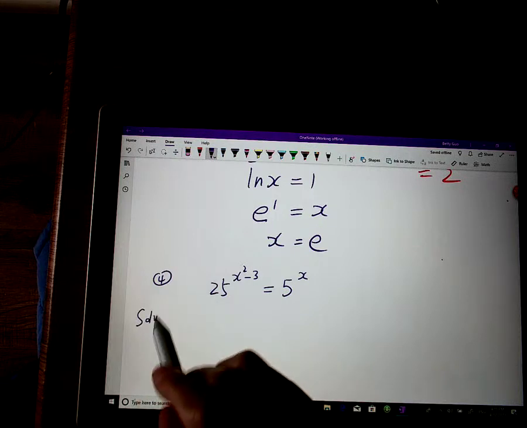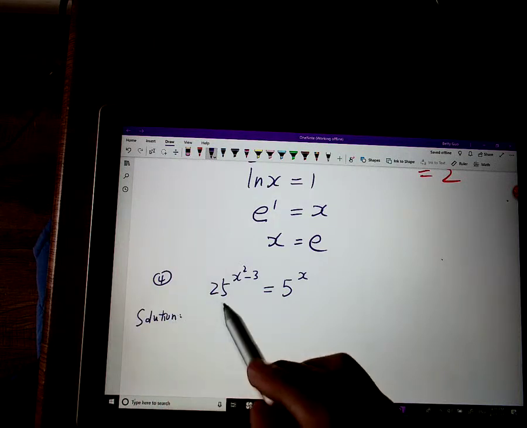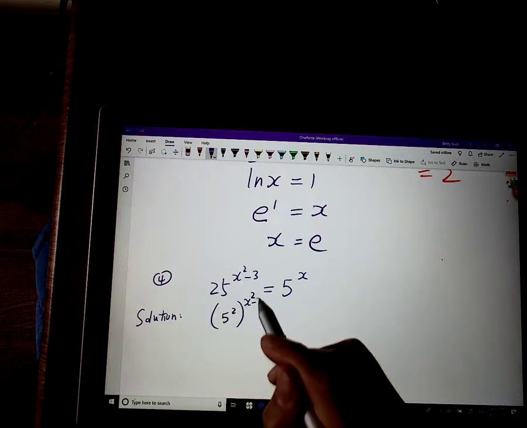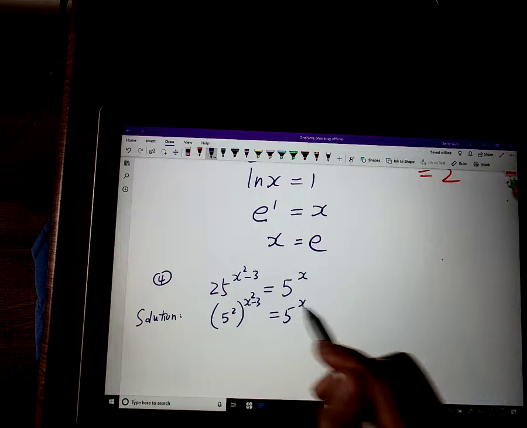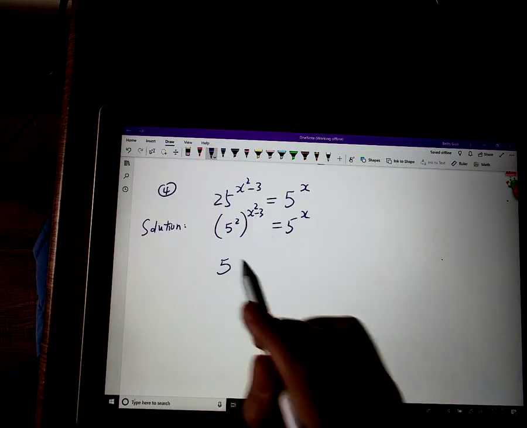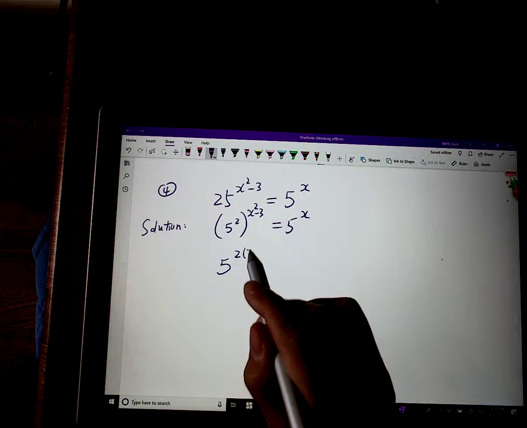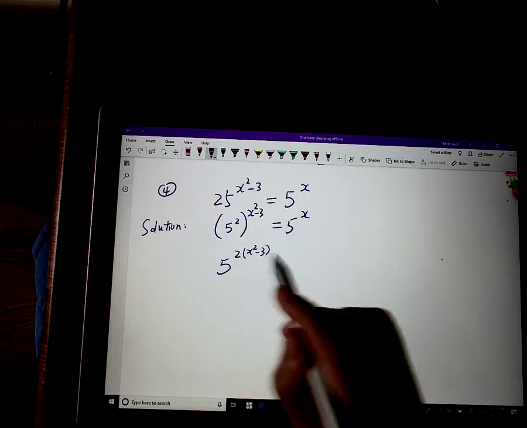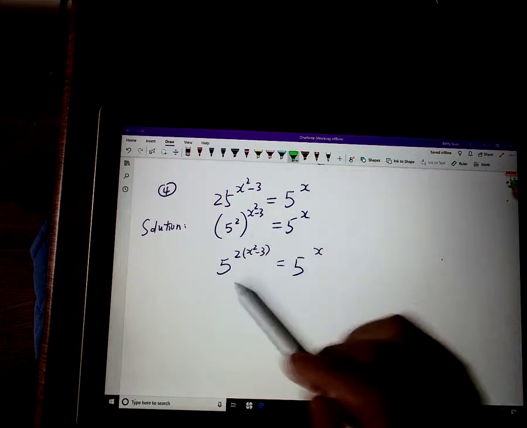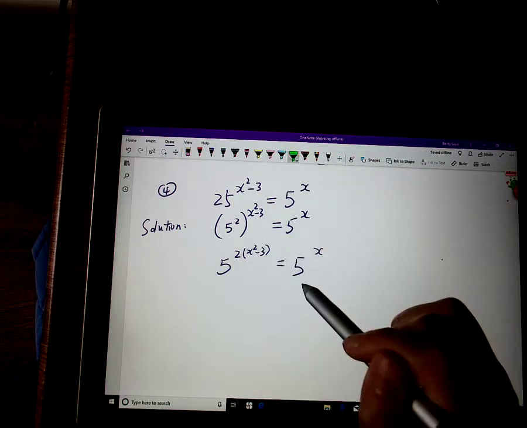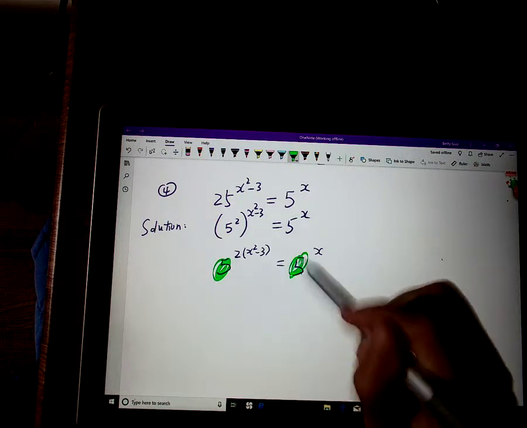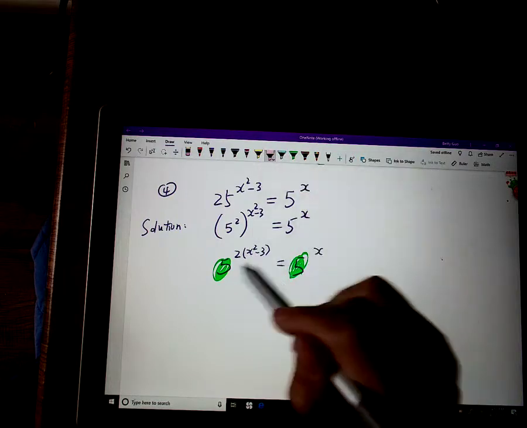So if I replace 25 with 5 squared, the left-hand side, by the power rule, we would have 5 to the power of 2 times x squared minus 3. On the right, we have 5 to the power of x. So one exponentiation equals another exponentiation. They have the same base. They should have the same exponent.